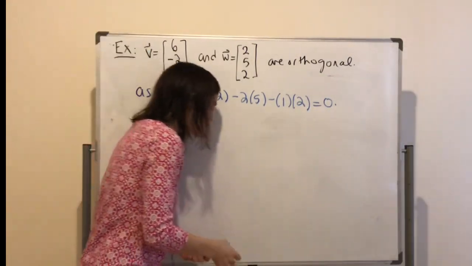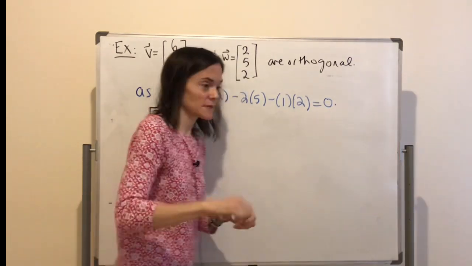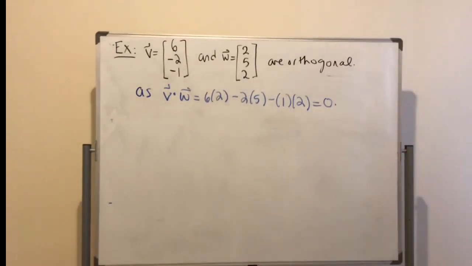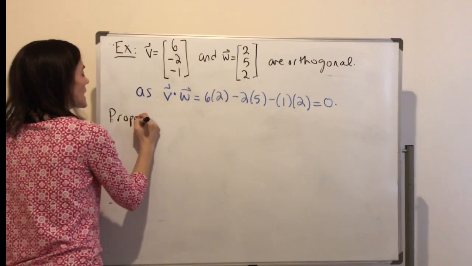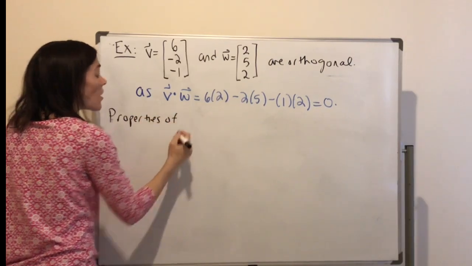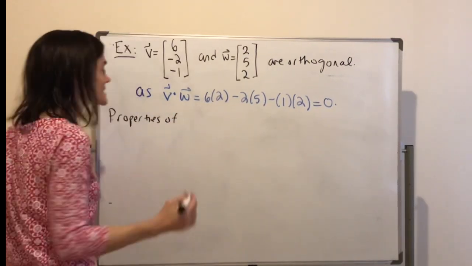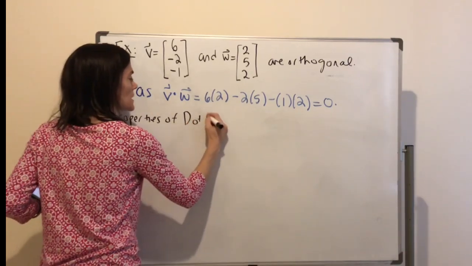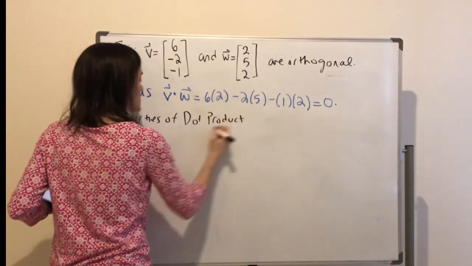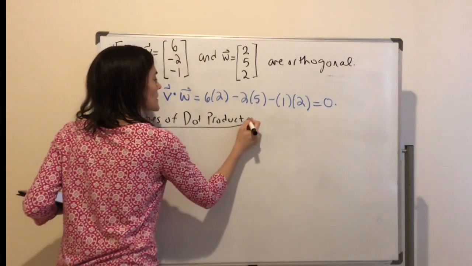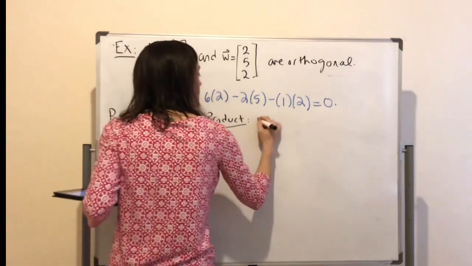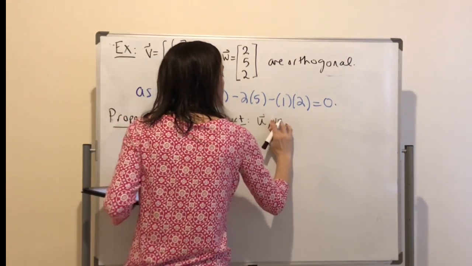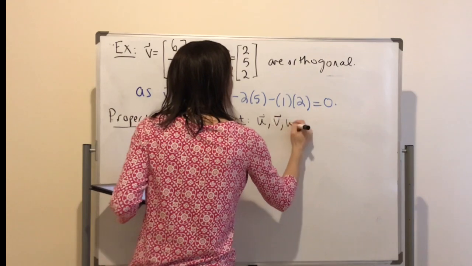Okay, now let me just mention briefly, and I'm going to have to get my notes so that I write them down right, some properties of the dot product. And again, these are all in an appendix in your text, but I'm going to be doing some things very shortly where I might use some of these, and they're worth noting because dot product is definitely a topic of linear algebra.